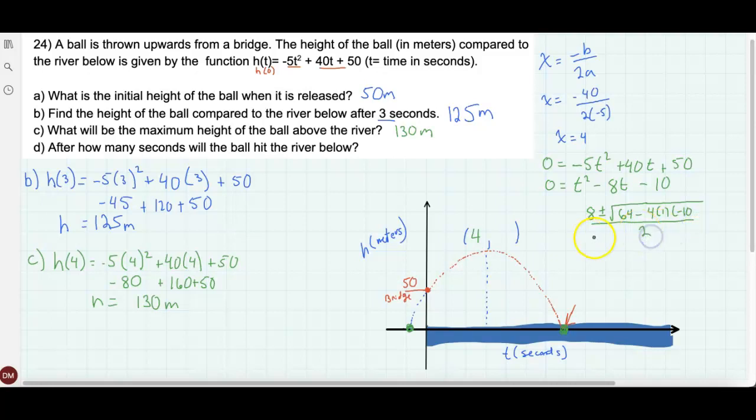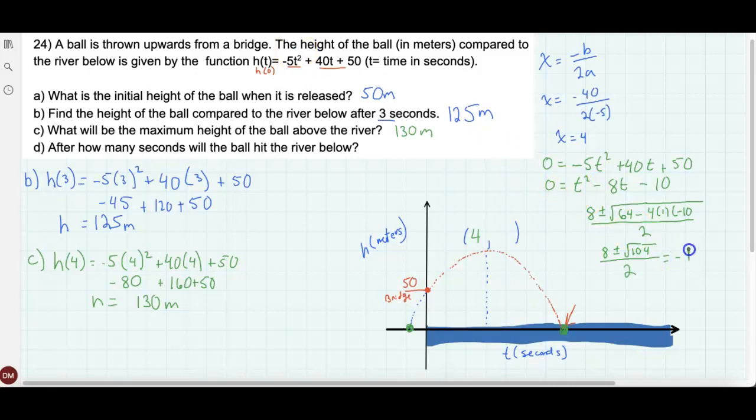So we have 64 plus 40, so 104. So 8 plus or minus the square root of 104, all over 2. That's obviously not a perfect square, but it's super close to 10. Not quite.